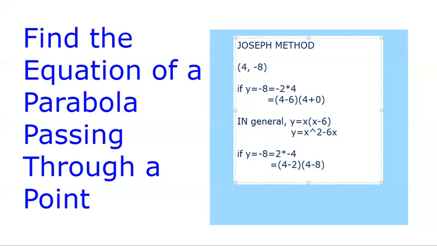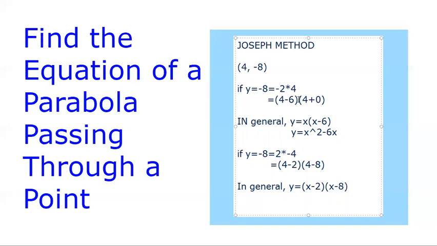See that? So in order to get 2, I have to subtract 2 from 4. In order to get -4, I'm going to have to subtract 8. So that is my equation, and in general, y is equal to x minus 2 and x minus 8.